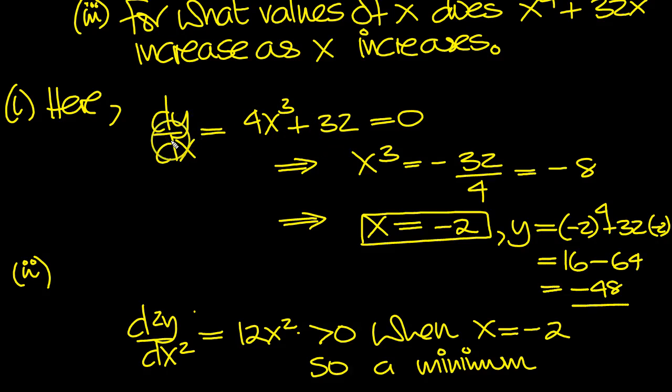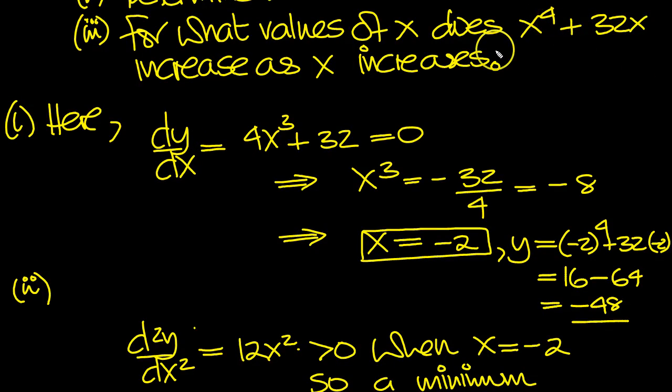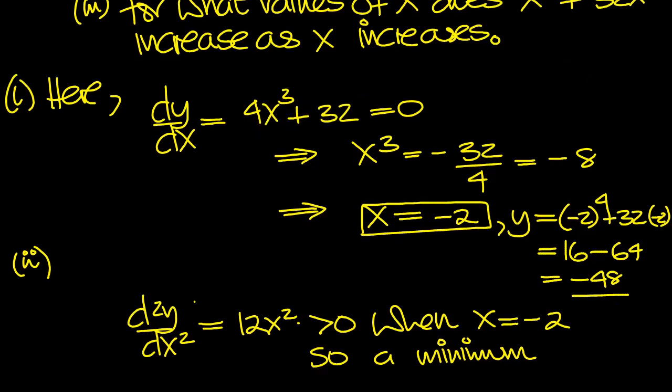Now when is dy dx positive? Because if it's positive, then this is increasing. So here this is positive. Well, it's greater than or equal to 0, so let's have a look at that then.